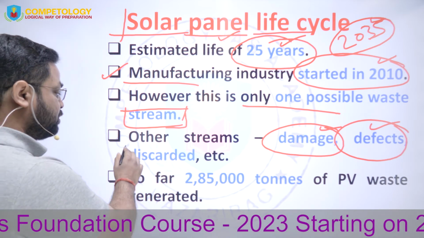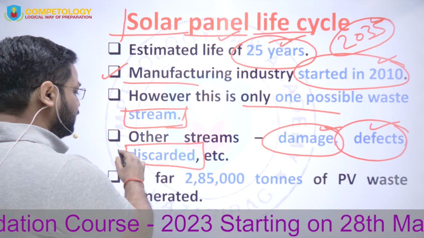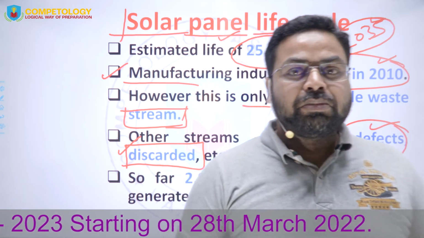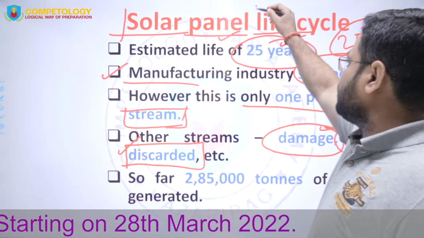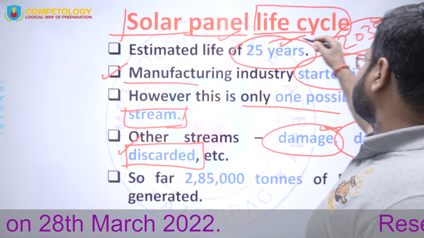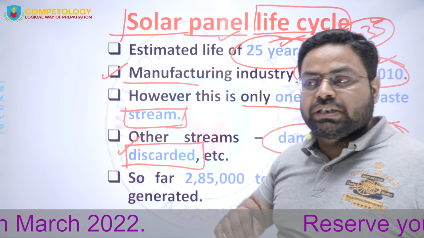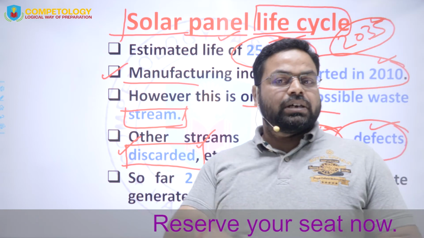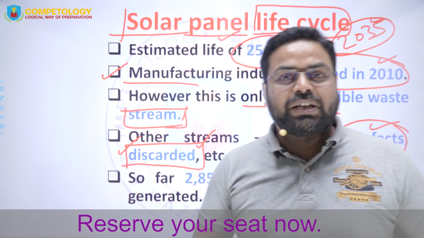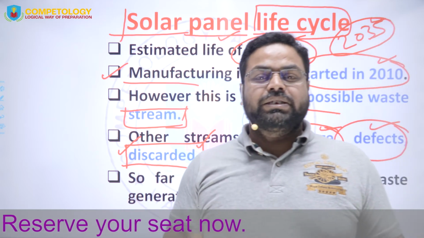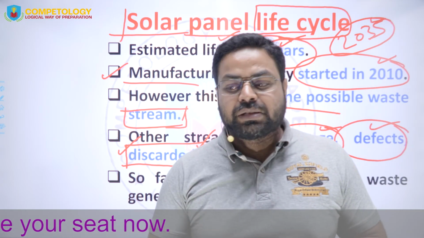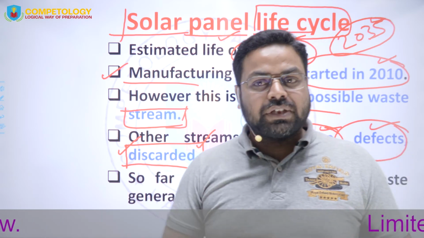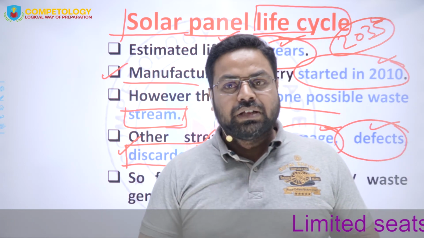Next, discard. Many of the people may discard some of the PV equipments before their end of life cycle because of efficiency concern and various other things. Suppose that the technologies are going on changing day by day in the mobile sector and the electronics goods sector, and the people used to change the mobile before the end of the life cycle of the mobile.